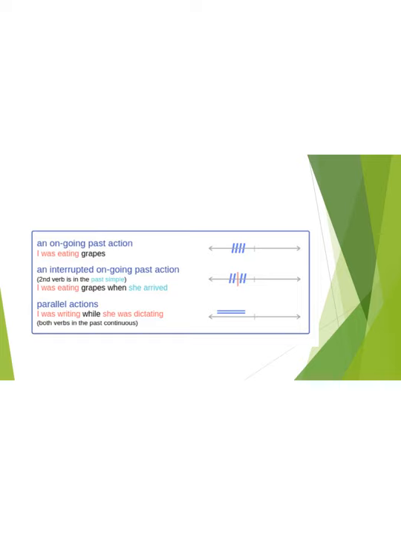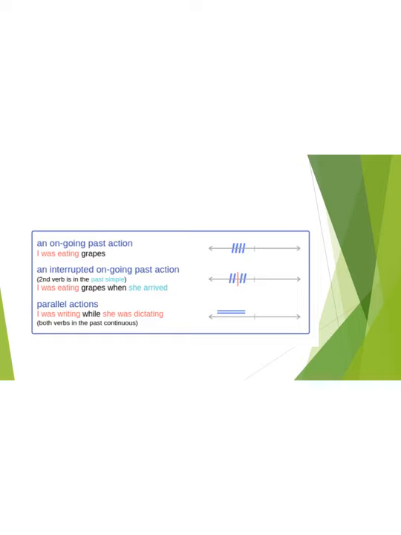Actually, we use past continuous tense in three situations. The first one, to talk about an ongoing past action. For example, yesterday night at around 8 p.m., I was eating grapes. That means I was doing that action at that period of time, and that is a rather long action.